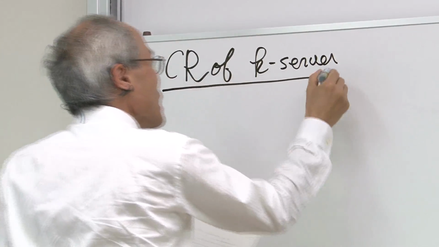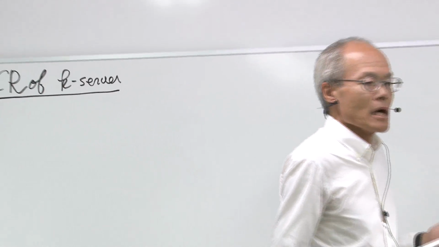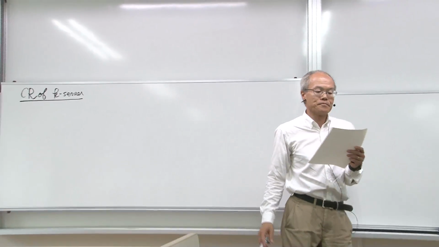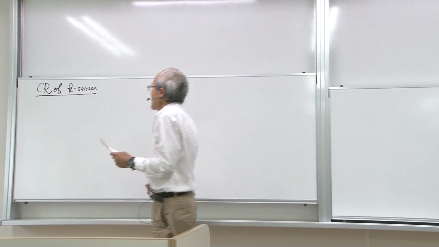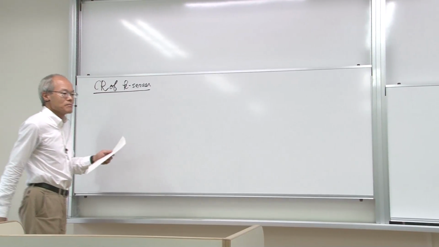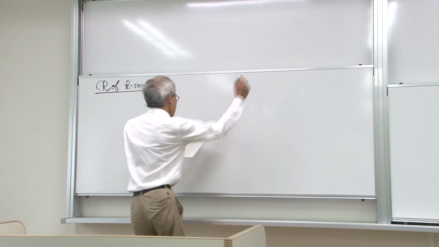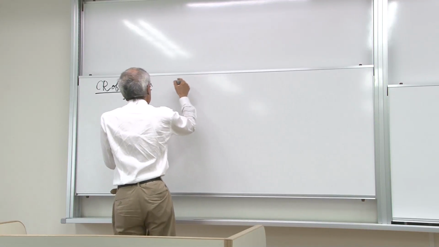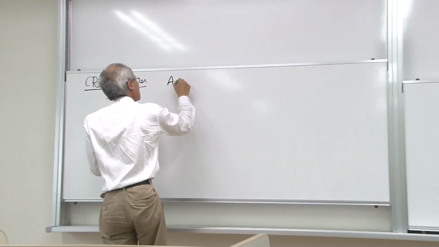Last week, we studied the K-server problem, and I showed you its competitive ratio. Unfortunately, I didn't have much time, so the last part of the class might have been kind of hasty. The idea is to use an amortized cost.